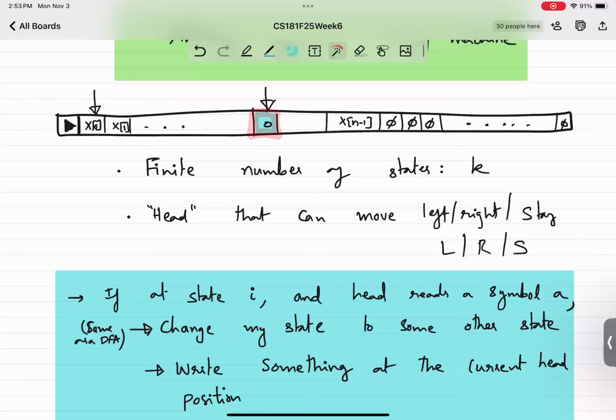I'm allowed to rewrite on the memory, but I cannot rewrite anywhere I want or however many cells I want. You can only rewrite one location, once again, which is sitting right underneath your head. It's a very local computation, very narrow-minded computation. You see what is on the head, what your state is, you take a jump, maybe rewrite what's on there, and that's it.